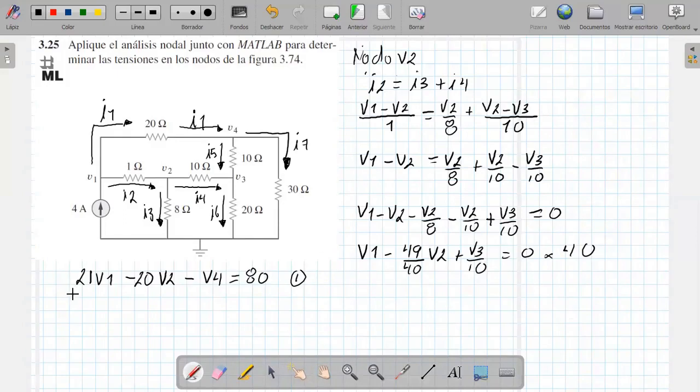This is going to leave me with 40 V1 minus 49 V2 plus 4 V3 equals 0. Well, this would be my equation 2.